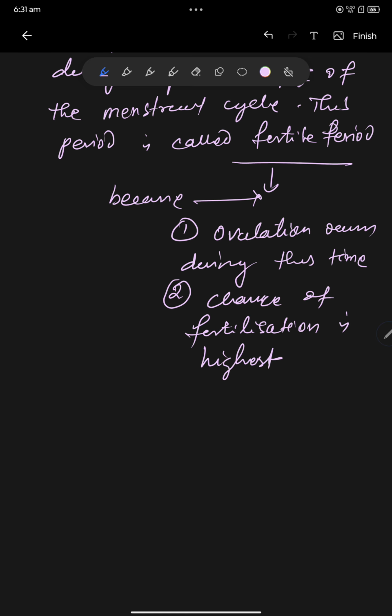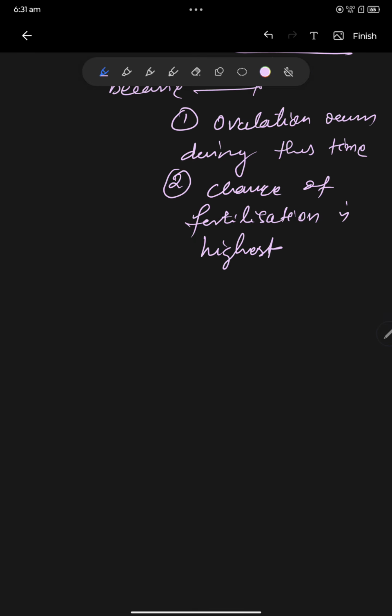The mechanism is that conception is prevented by avoiding coitus during the fertile period.